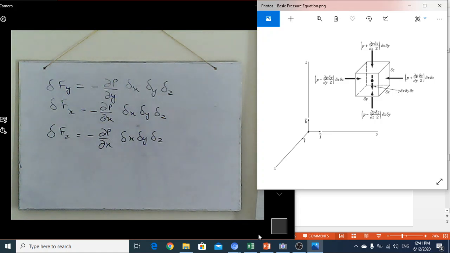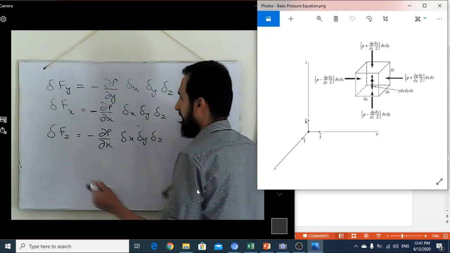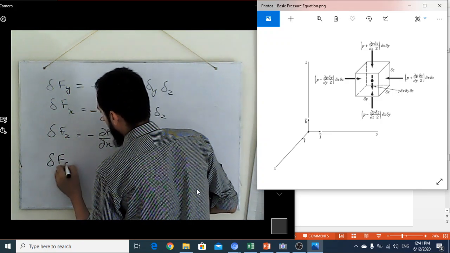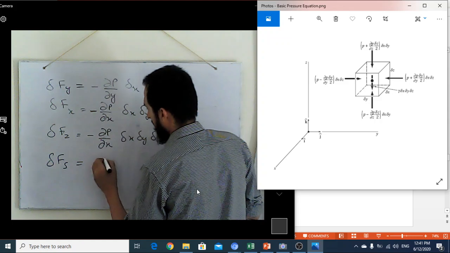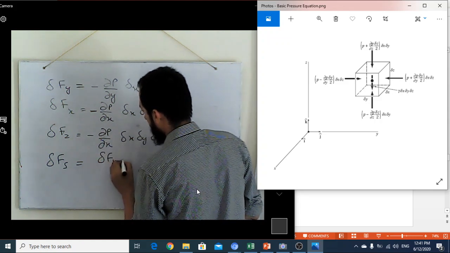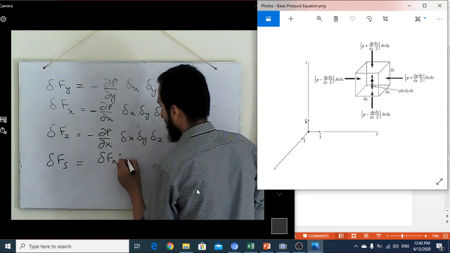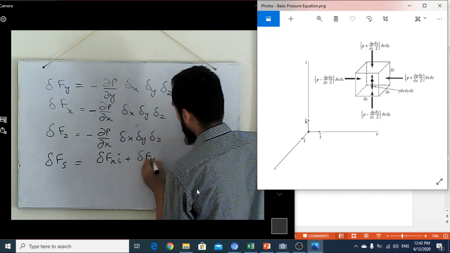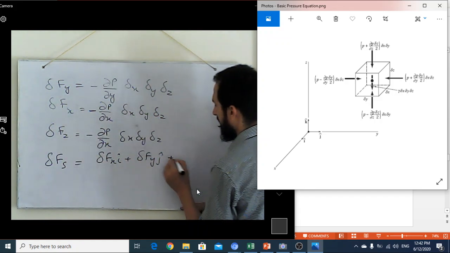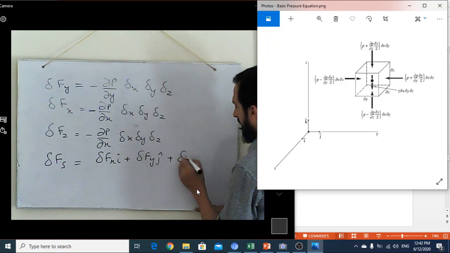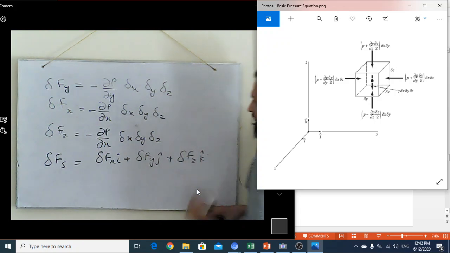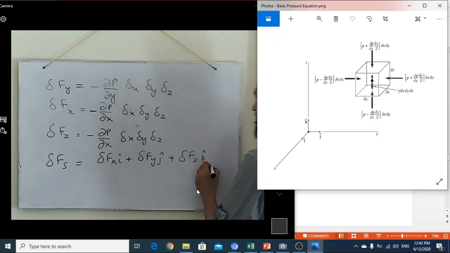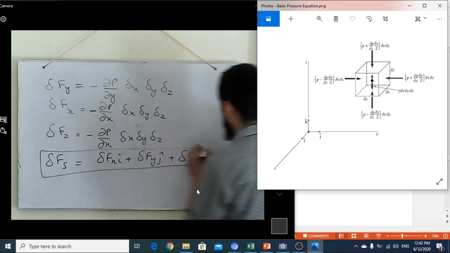So again I have to define another factor here, which is, when we represent a vector, we say that it is equal to delta fx along the i direction plus delta fy along the j direction plus delta fz along the k direction. So we want to know the resultant of all these factors.